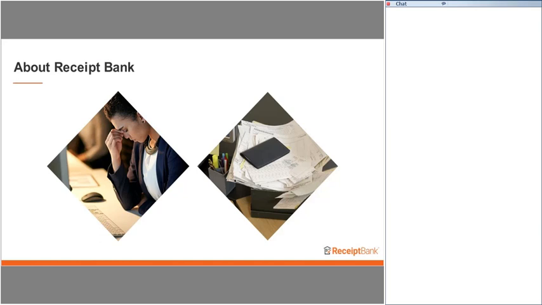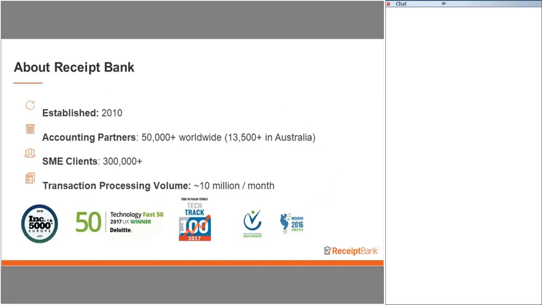A little bit of background on ReceiptBank. So we were established in 2010 out of London. Since that time, we've grown to service around 50,000 individual accountants and bookkeepers globally, with around 13,500 of those just in Australia. And via those accounting partners, we service a little bit over 300,000 SMEs, so they're your clients.